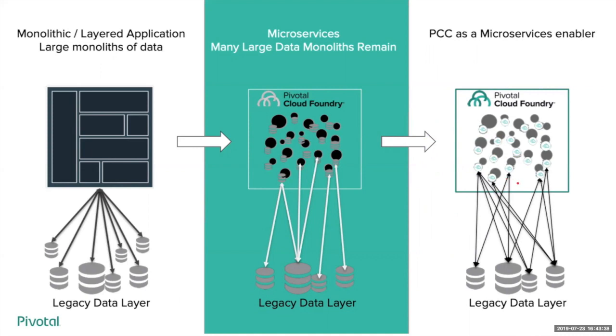The advantage of this approach is that PCC, the Pivotal Cloud Cache, inherits all of the benefits that you normally see of a platform managed service, such as PAS, right? So you get the same benefits with PCC. As I show you the demo and talk about the use cases, you will understand more how PCC acts as a face for your legacy data.